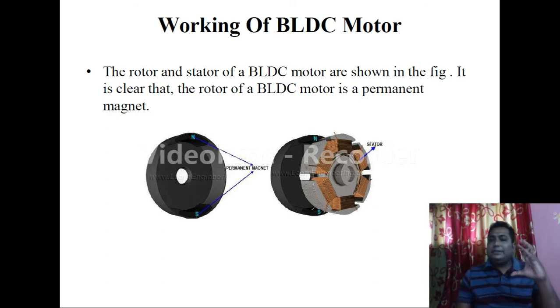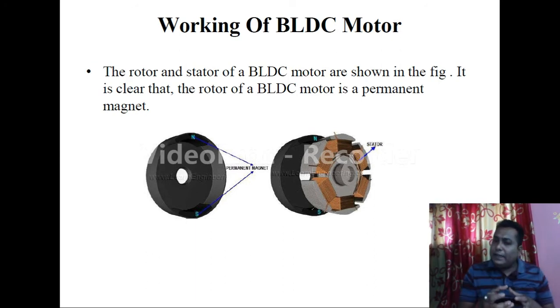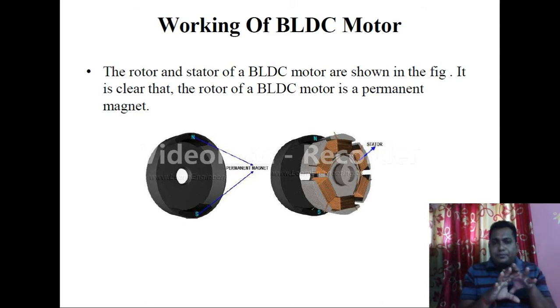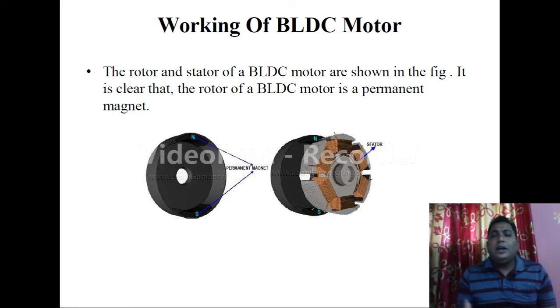The outer side is the rotor and inside is the stator, and over the stator we have the slotting, and over the slotting we have the windings. When we give supply to the stator, the stationary section, it will generate a continuous magnetic field so that the rotor rotates due to the magnetic attraction property.